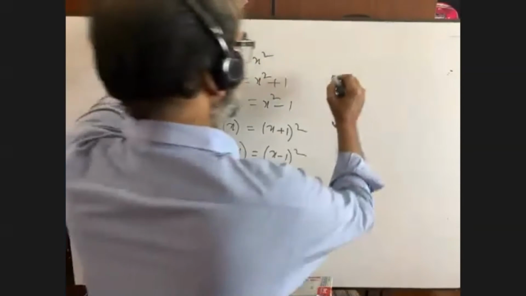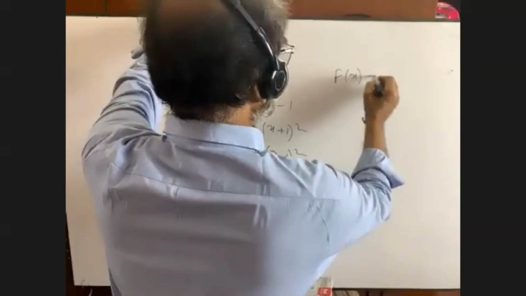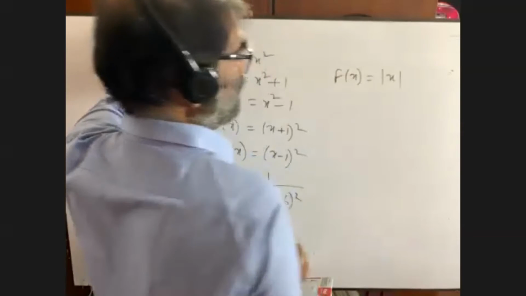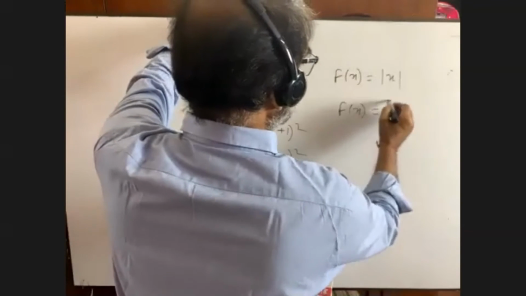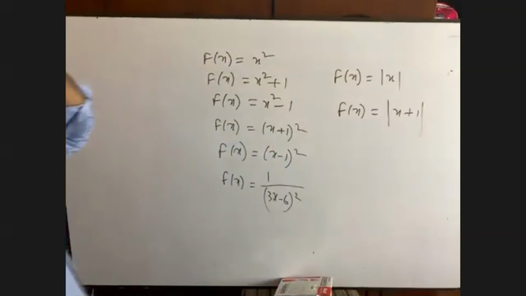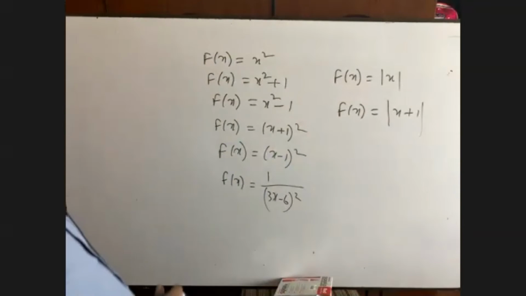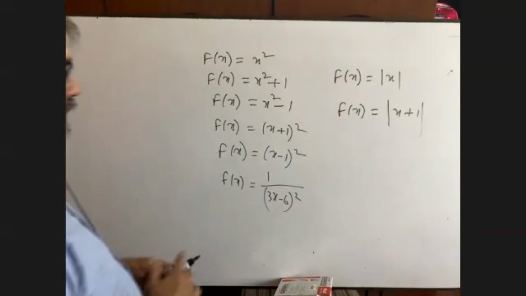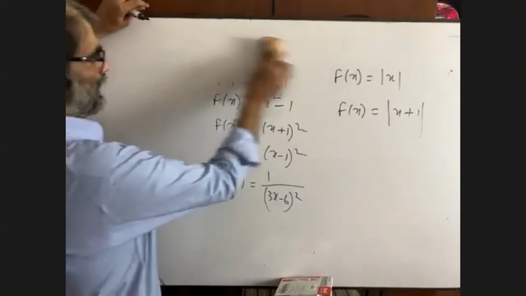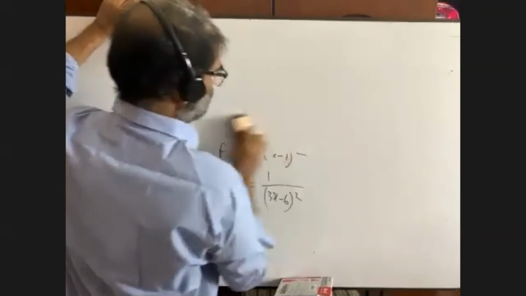Even if we are getting, suppose, f(x) equal to this, it is also not a one-one function. Suppose |x + 1|, it is an absolute value. It has two values, one is positive and the other is negative. Okay, very good. Now I am going to do a math of absolute value sign.